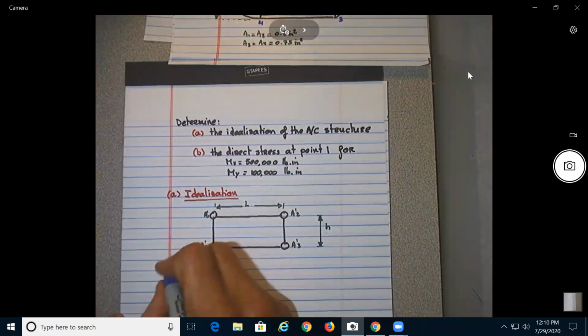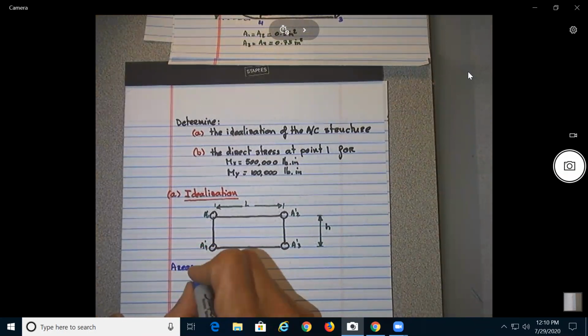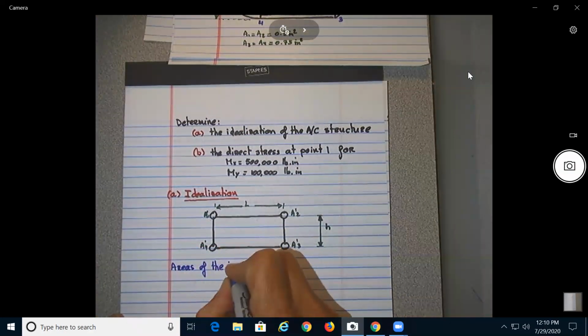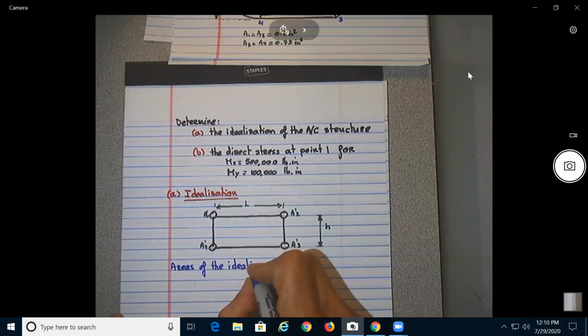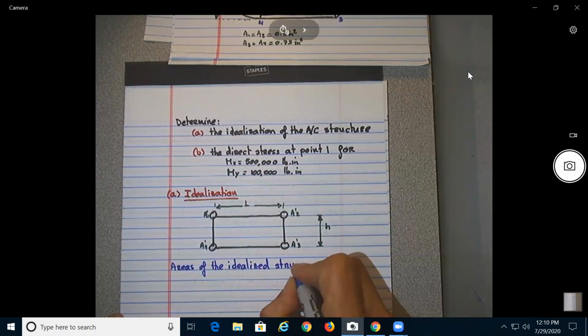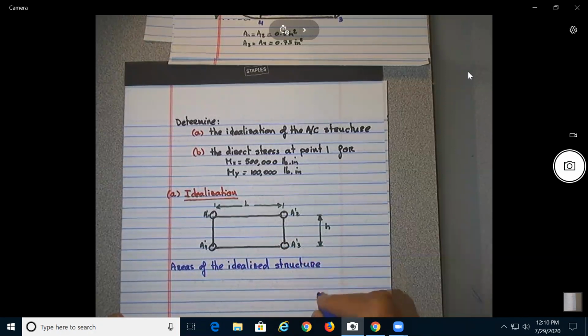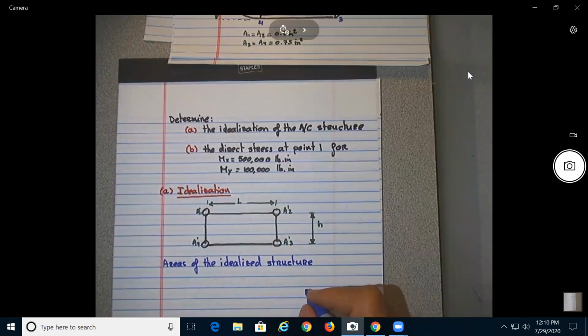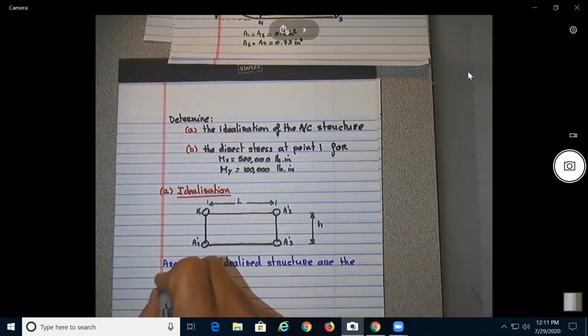So areas of the idealized structure are the sum of what?